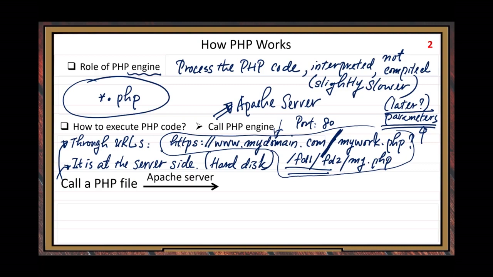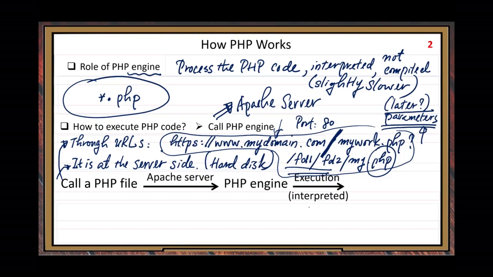After it receives your request, it passes it to the PHP engine. Because you have a file with a PHP extension, the PHP engine will process the content of your PHP file.